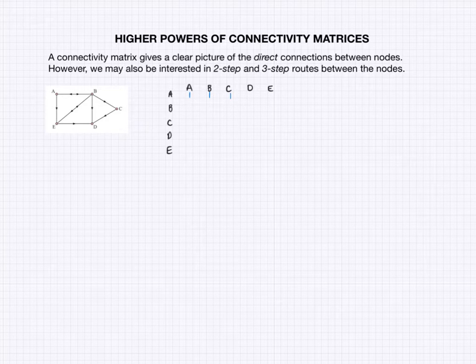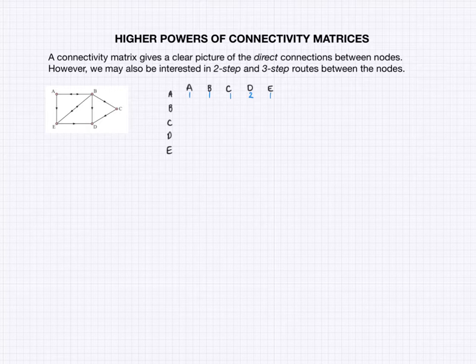So that's 1. From A to D, once again, I can follow across from B to D, but then also notice I can go from A to E and then to D. So that value would actually become a 2. From A to E, I can go across from A to B and then down to E. So that would also give me a 1.